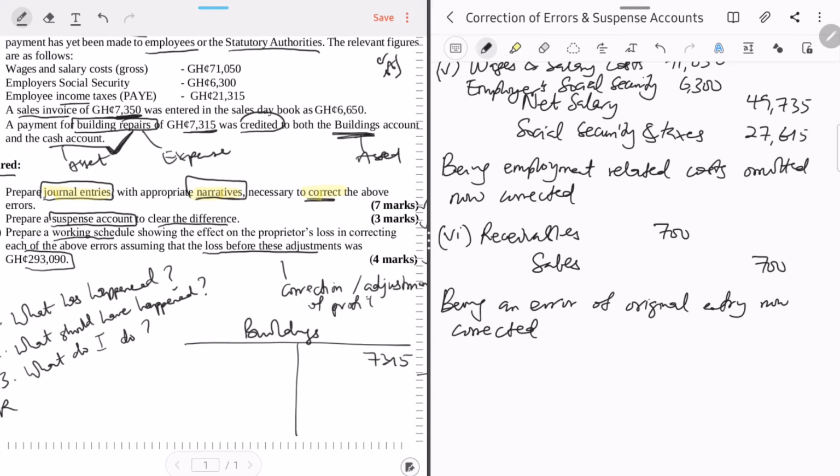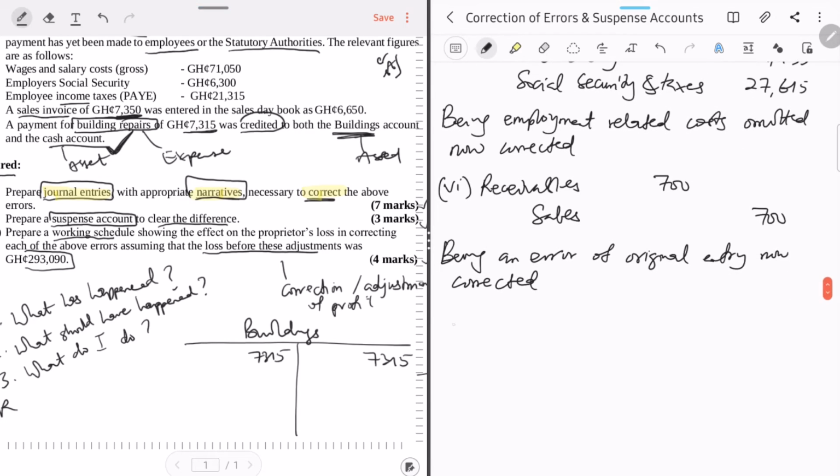I do not want the 7315 here. So as we've been doing so far, what do I do? I come and make a debit entry here to cancel it. So first thing I do is to debit my buildings account with 7315. So it means now in my buildings account, this doesn't exist, it's gone.